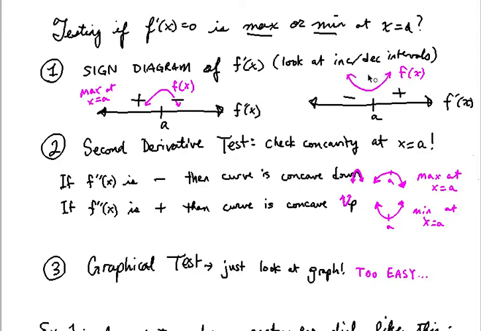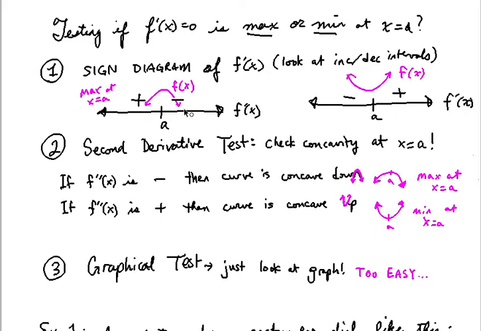Now, if I've determined the 0, I don't always have to use the sign diagram of f prime of x. What I can do is use concavity to tell me if it is a maximum or minimum. I think we briefly talked about this when we did curve sketching. What we'll do is take the second derivative.